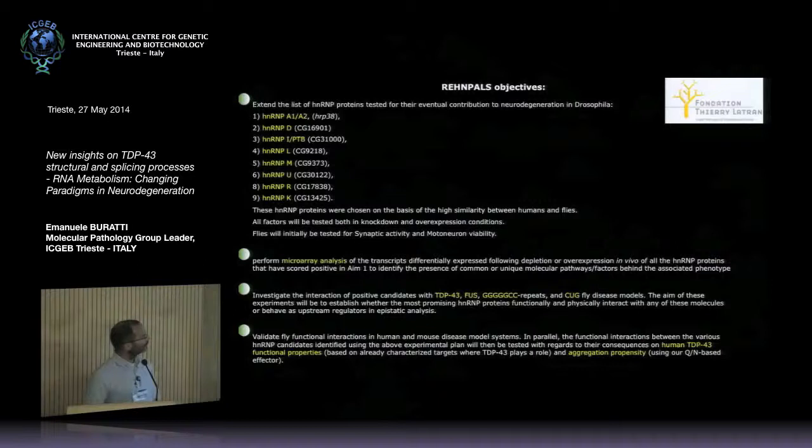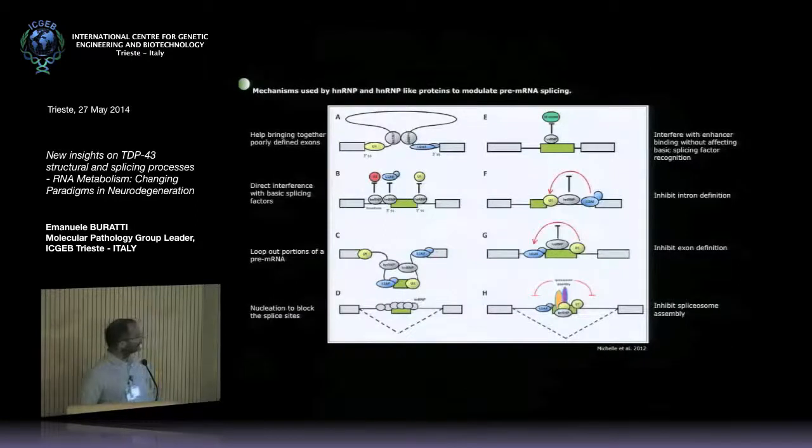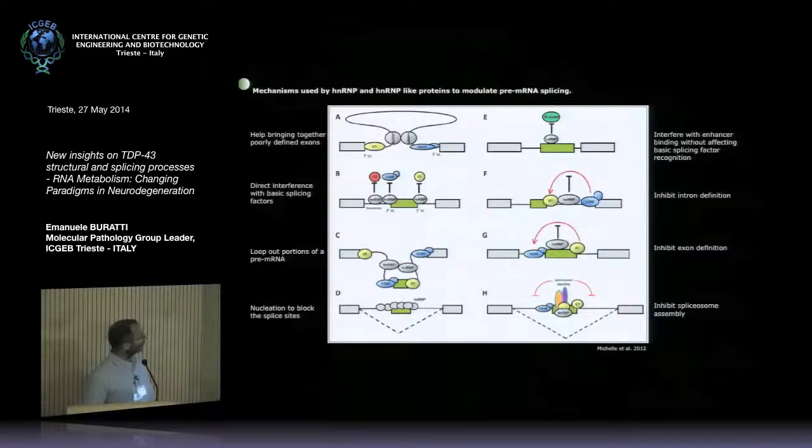And so, just switching gears a little bit, what I wanted to tell you now is how TDP-43 and HNRNPs are working together to affect RNA processing. And basically, you can see that HNRNPs work in many different ways to affect pre-mRNA splicing.